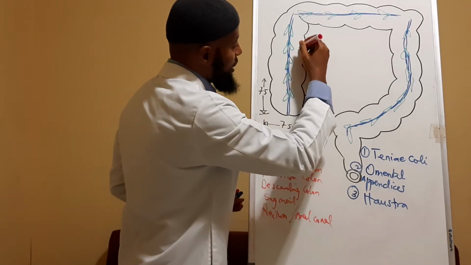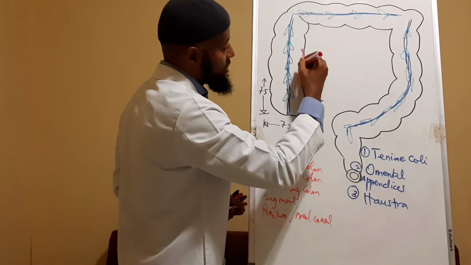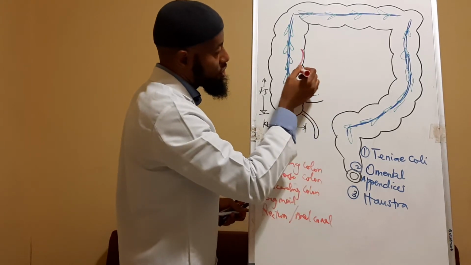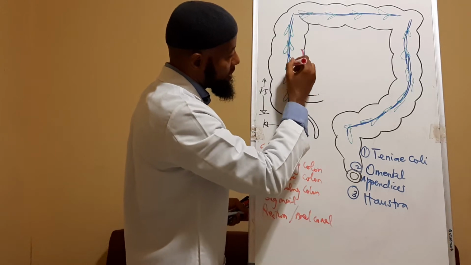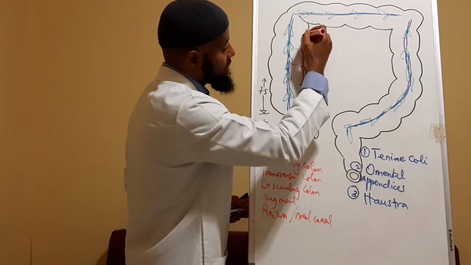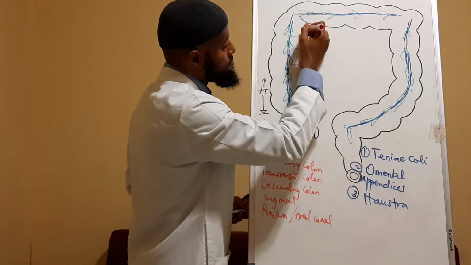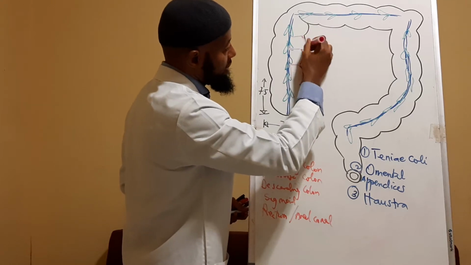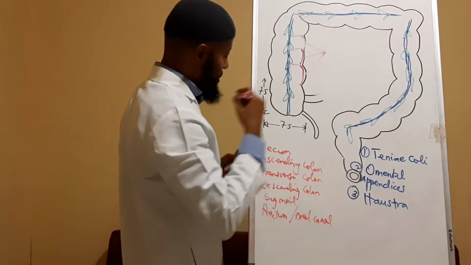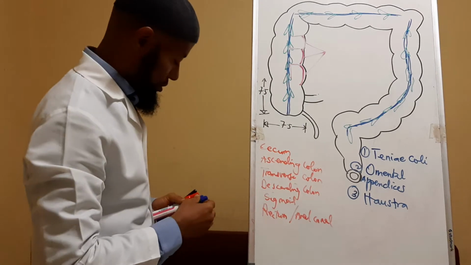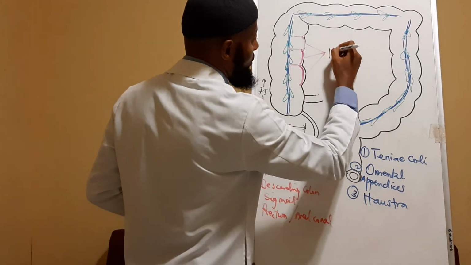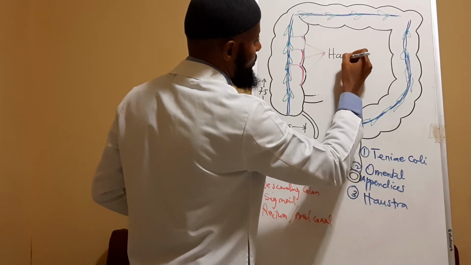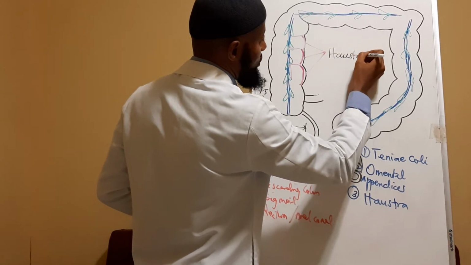So these shapes, all right, are called haustra, and that is because these bands cause these to tighten up and give it this bulging. So these are called haustra.